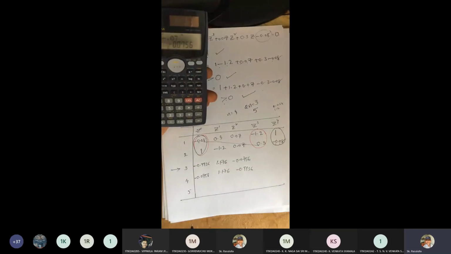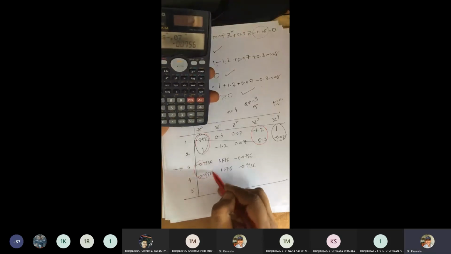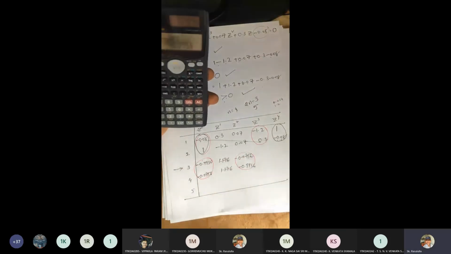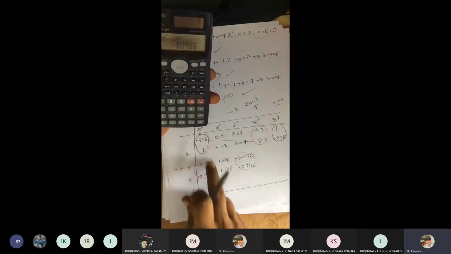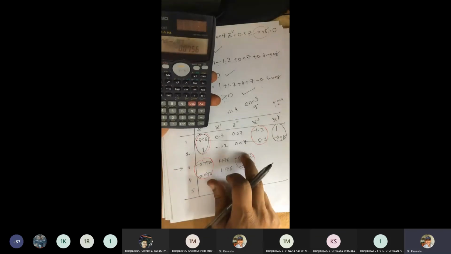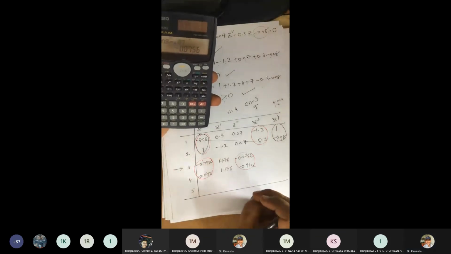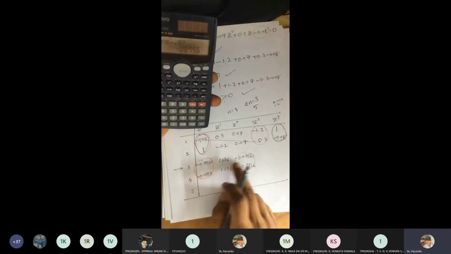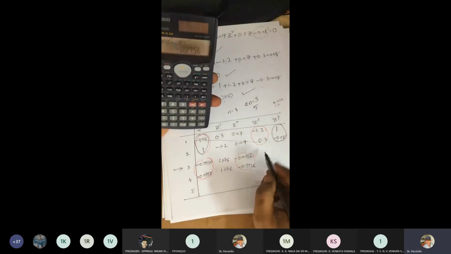Now again coming to the fifth row, we have to take the determinants of the first one and the last, so multiply these two minus these two. I have written the wrong 1.166. You will get one more element here that I have not written.